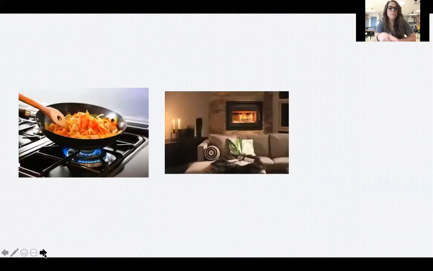We use it for cooking. Anytime you are cooking something on your stove, in your oven, in your microwave, in your Instant Pot, in your crock pot, any of those things that heat up food, that involves thermal energy because it involves heating. We use thermal energy to heat up our homes, whether it's through a fire in the fireplace or turning on the heater.